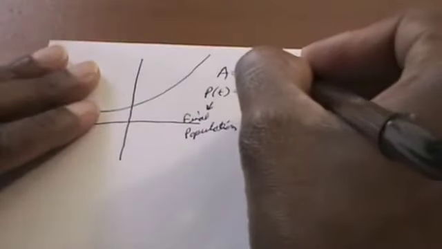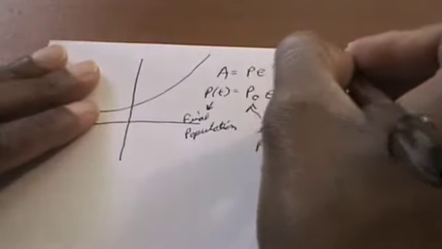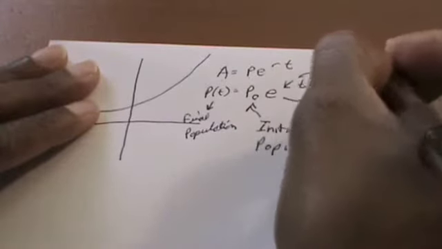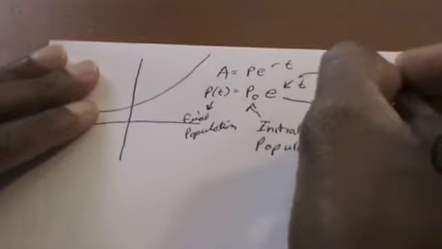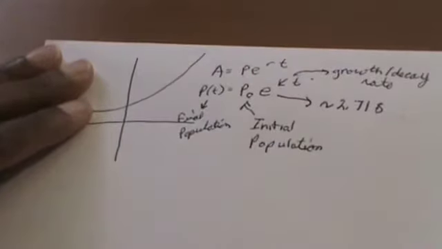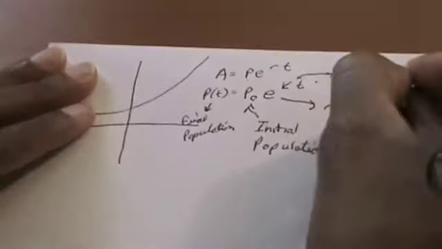Your k and your r, these are either your growth or your decay rate. Okay, what you have to remember about that is always in decimal.